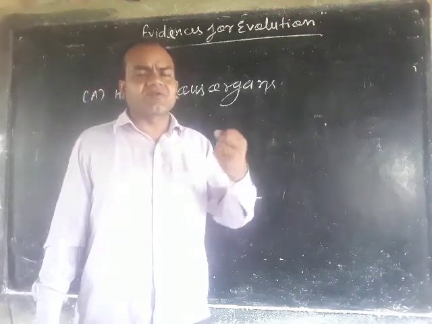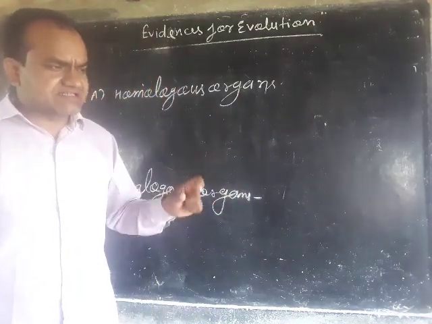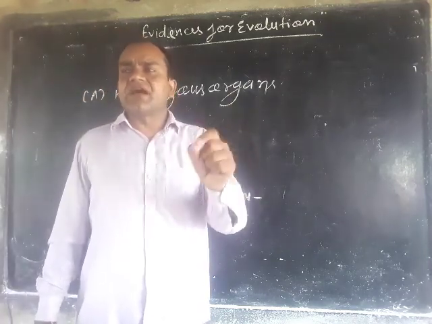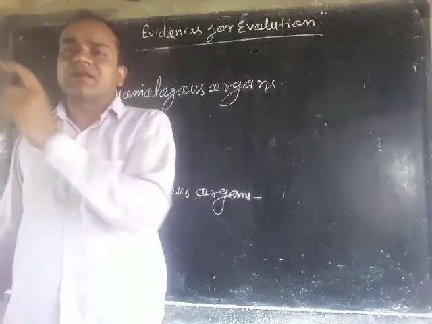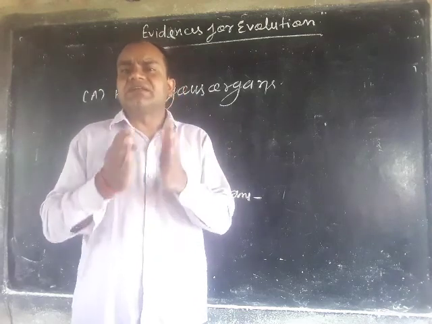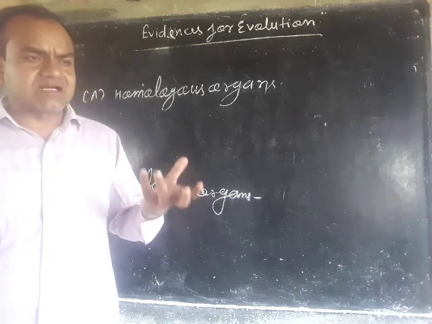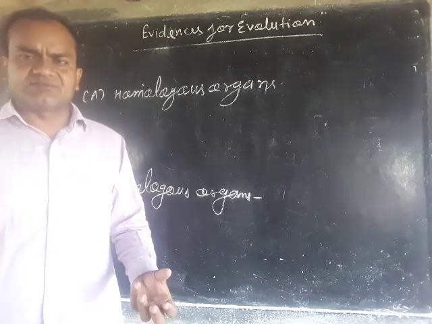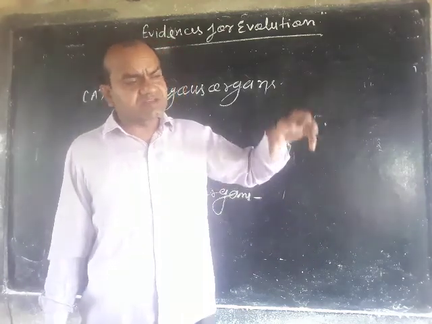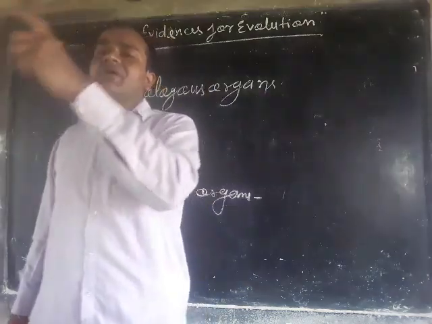They have developed from a common ancestor. The more characteristics are common between organisms, the more closely related they are. If more similarities are common among organisms, they are more closely related, and more closely related species indicate they have one common ancestor.